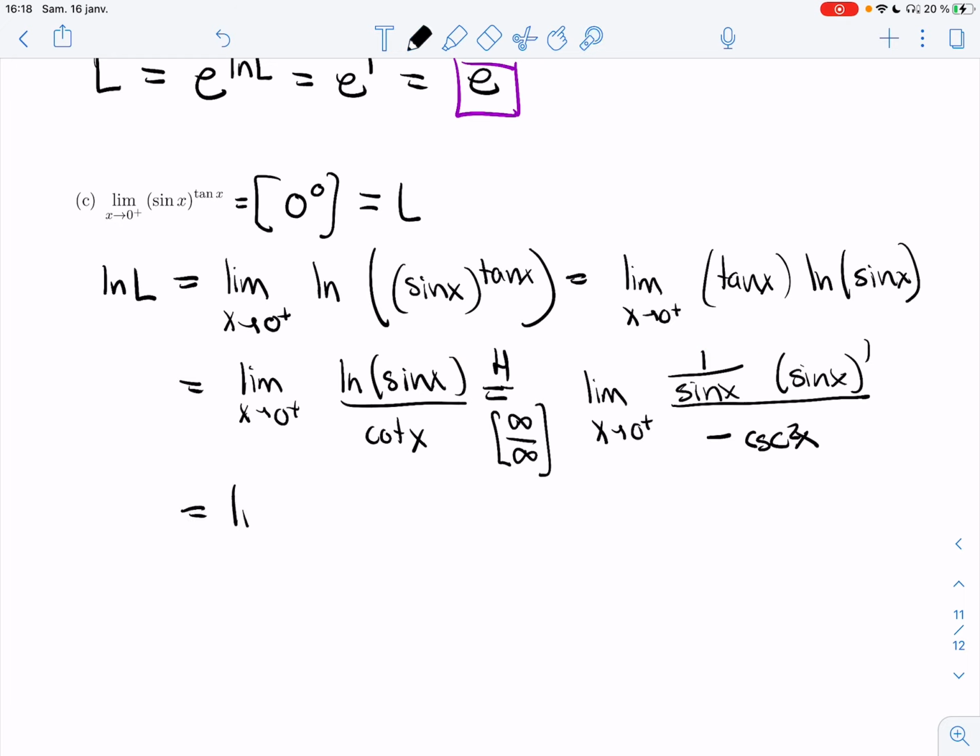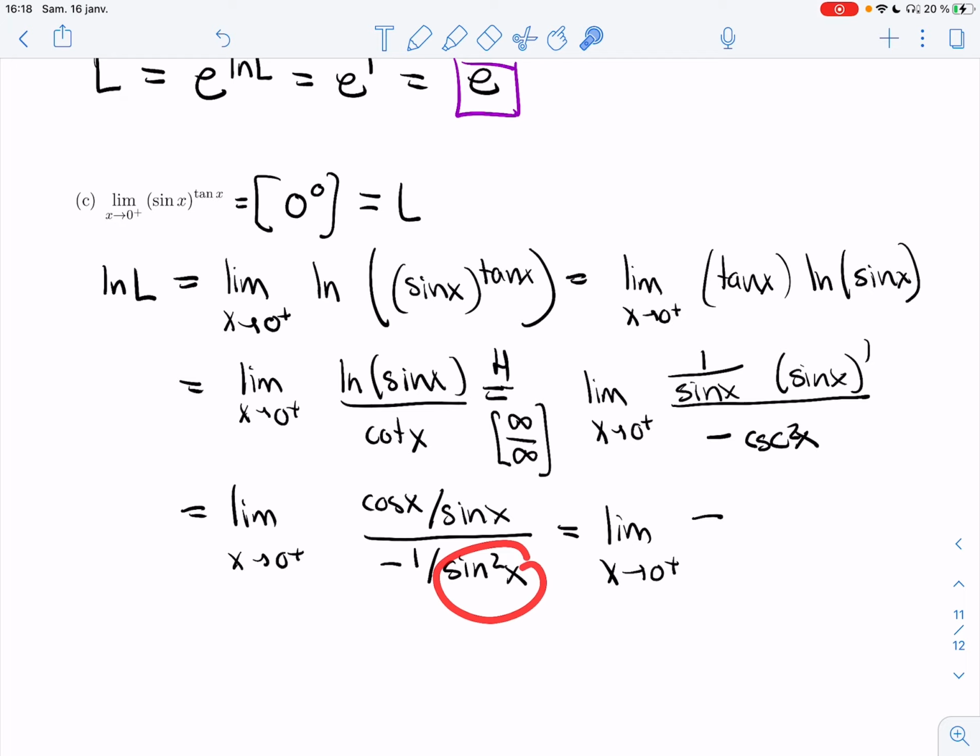All right, so I get the limit as x goes to 0 plus of cosine of x over sine of x over minus cosecant squared. Cosecant is 1 over sine, so 1 over sine squared. Now, so much is going on. Let's try to simplify this.